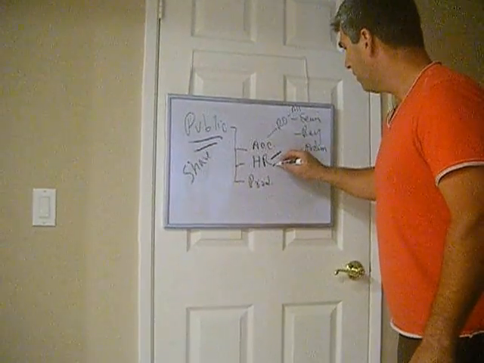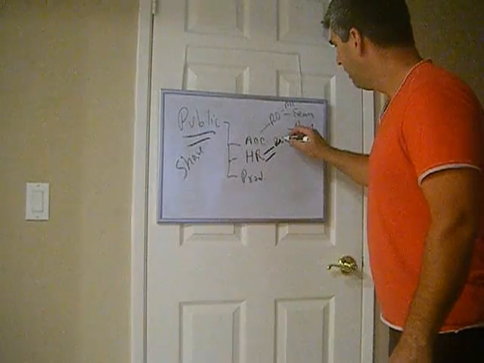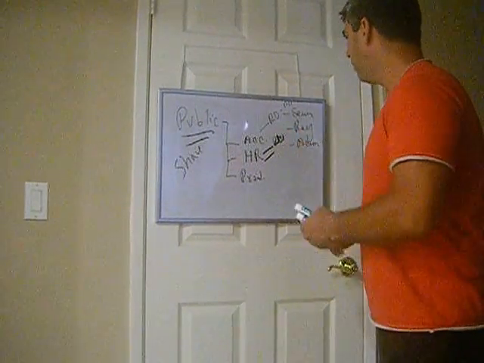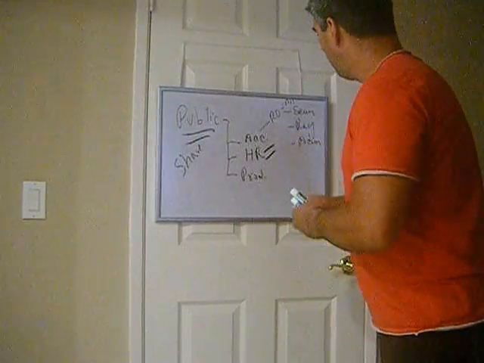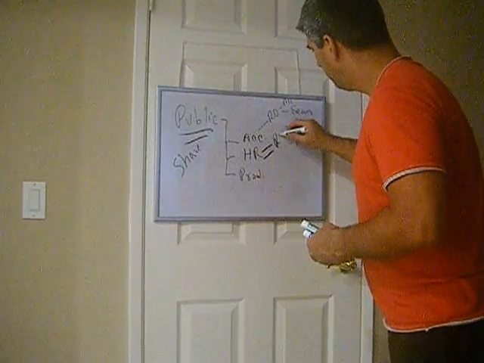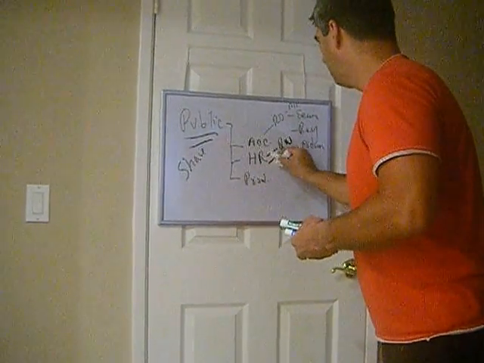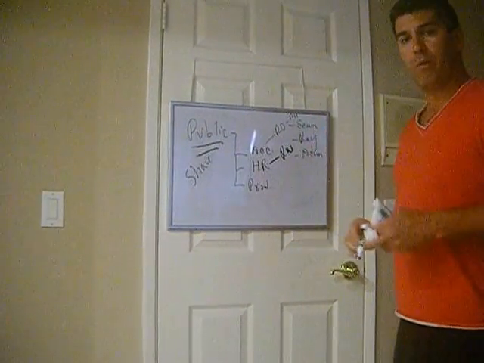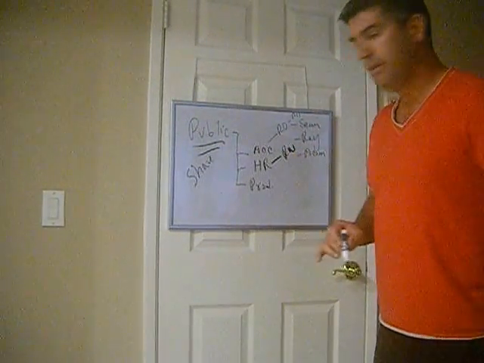The HR, for example, can have read and write to all. Read and write to all. And that way, everybody here has read and write access to this directory here.